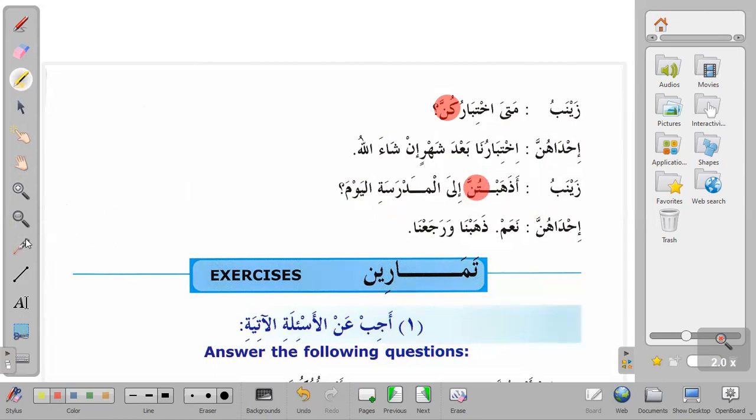When we look at the conjugation of the verb, this one will be very clear. As for tunna, we'll look at the conjugation of the verbs later on, inshallah. So one of them said, نعم ذهبنا ورجعنا. Yes, we went and then we returned.